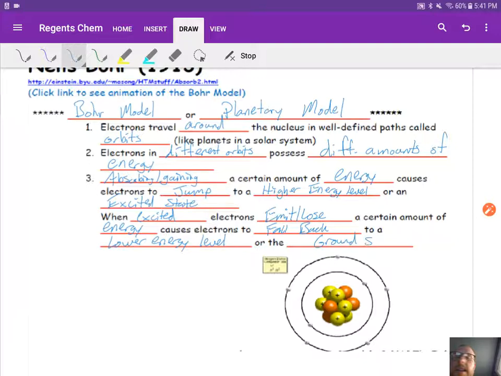Okay, we will talk more about these two states later in this unit. Now that's important to note, guys, that this energy that they release is the same amount that was gained originally. So they emit the same amount of energy that they gained to begin with.